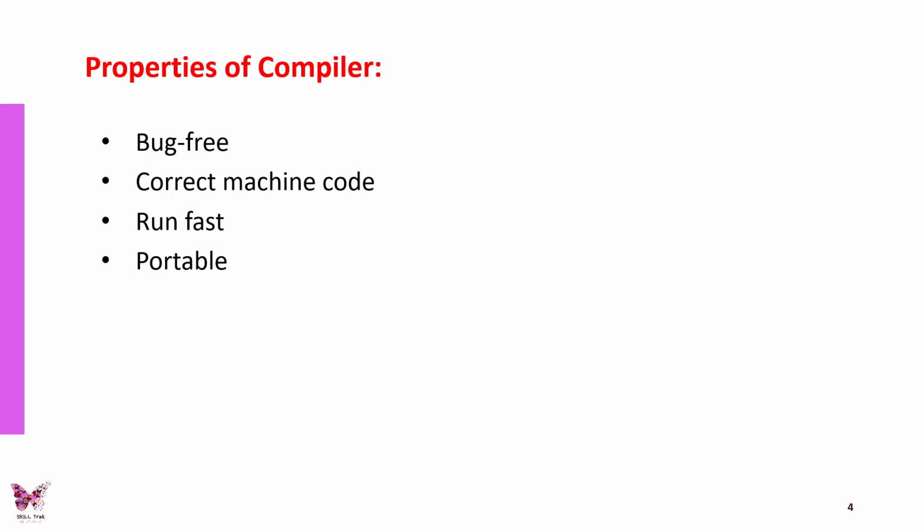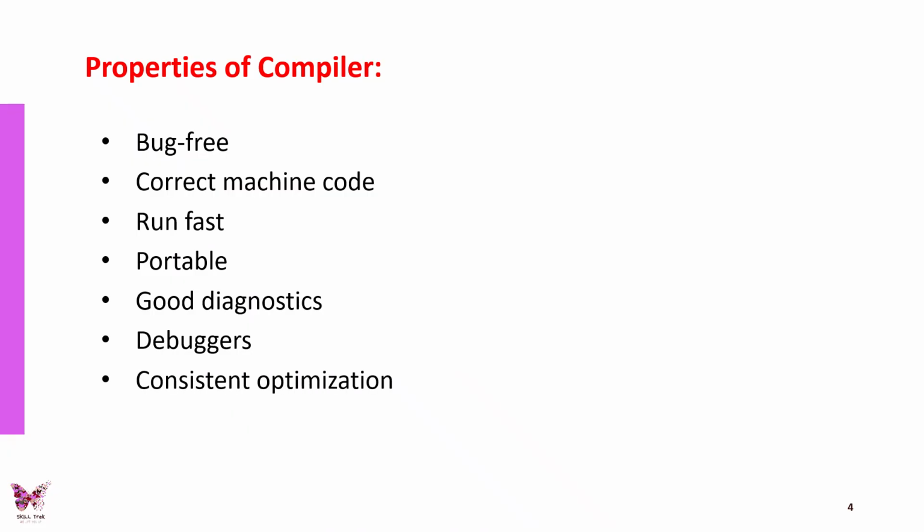The compiler must be portable, that is modular and supporting separate compilations. The next one is it should give good diagnostics and error messages. The generated code must work well with the existing debuggers. And the last one is it must have consistent optimization.